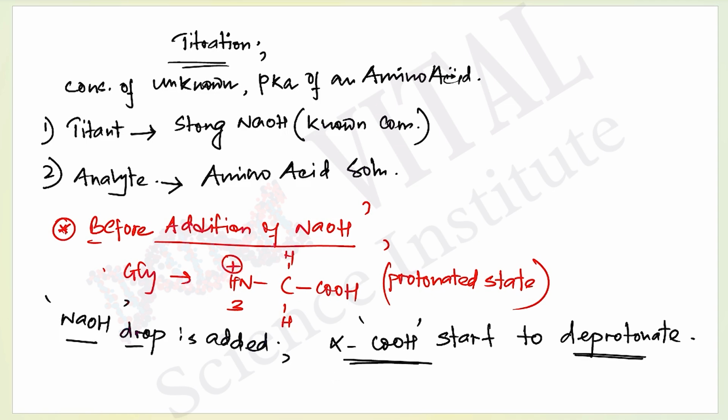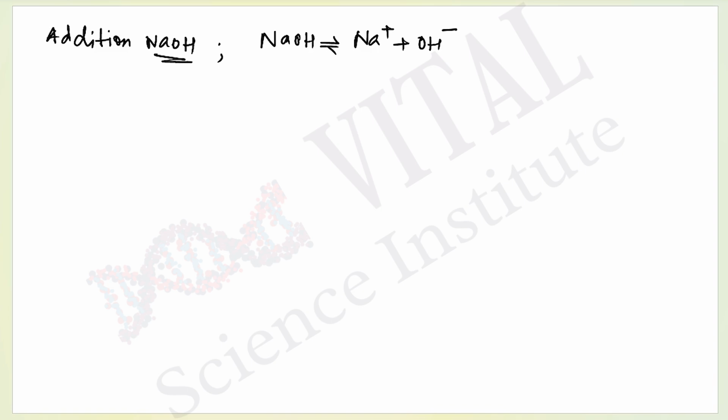That means COOH will start to form COO minus plus H plus. Now, the fact is, NaOH is a strong base. It readily dissociates into Na plus and OH minus.